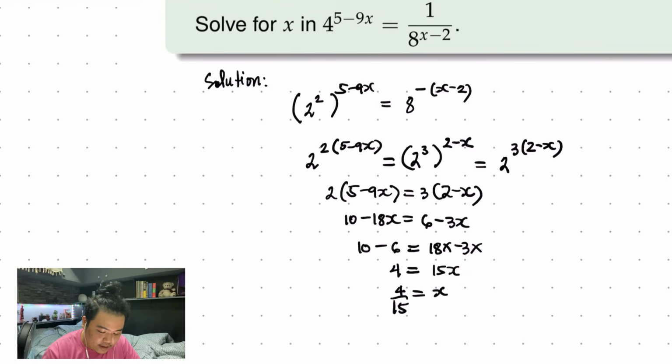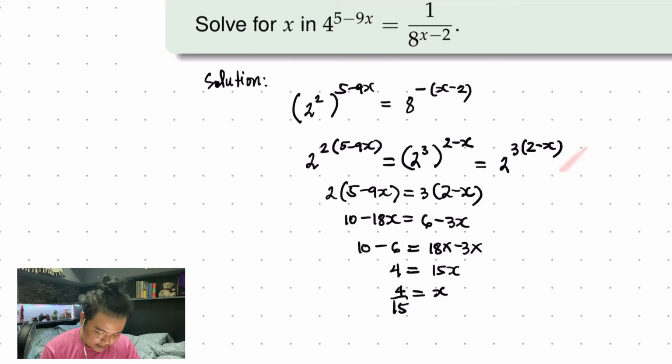I-check nga natin ang ating mga arithmetic dahil madalas ako nagkakamali sa arithmetic. So 2 square, correct. 5 minus 9x. 8 raised to negative x minus 2. So this is correct. Power to a power, correct. 8 is 2 cube, correct. This is 2 minus x, correct. So this is 2 cube raised to 2 minus x.